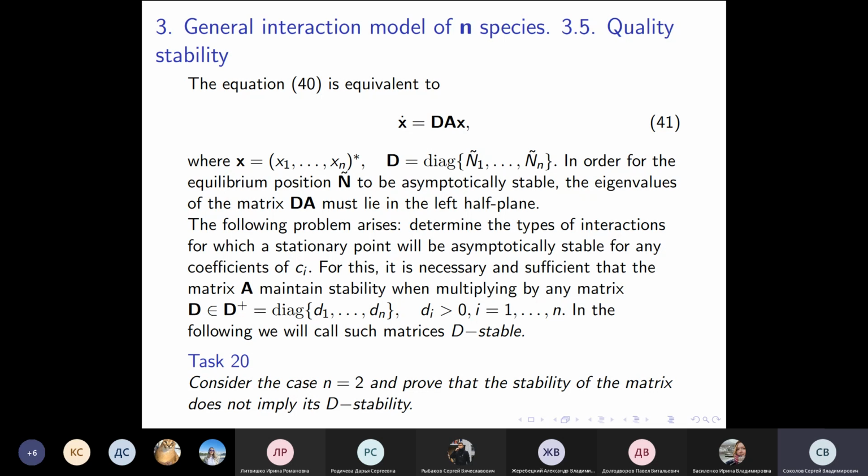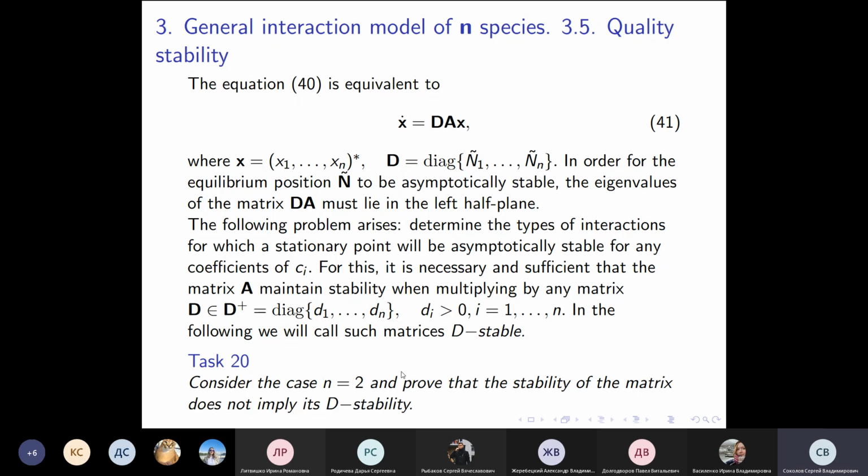First of all, a task for you. Consider the case n equal to 2 and prove that the stability of matrix A does not imply its D-stability. What is D-stability?